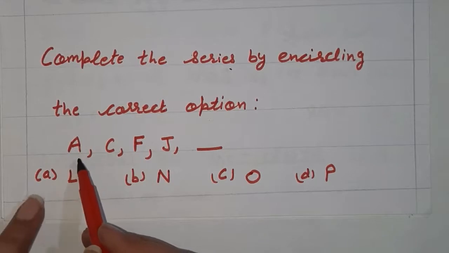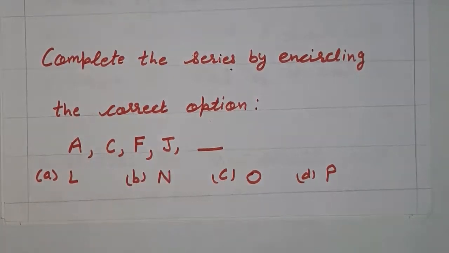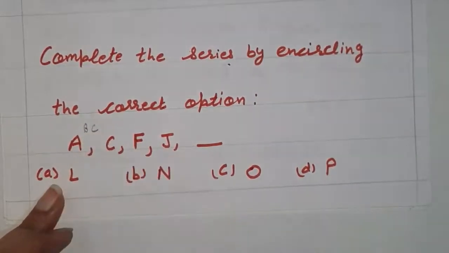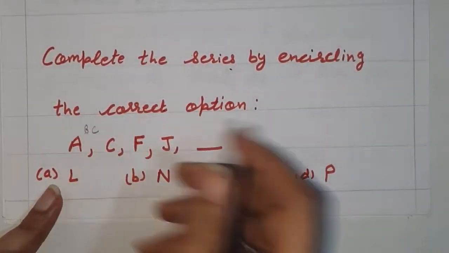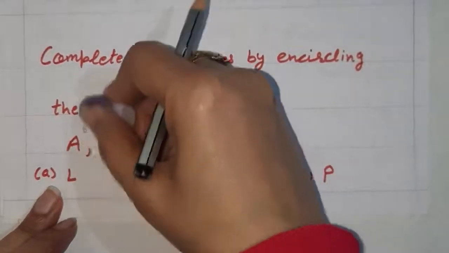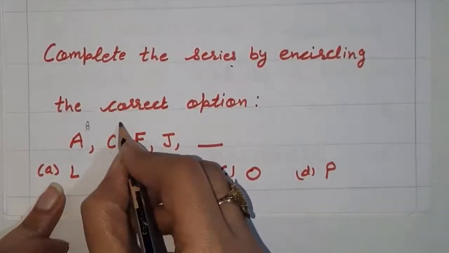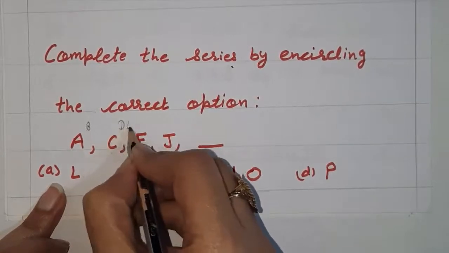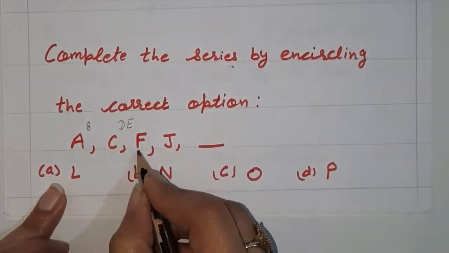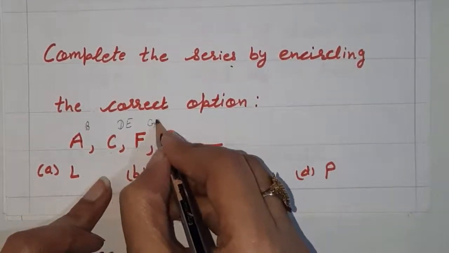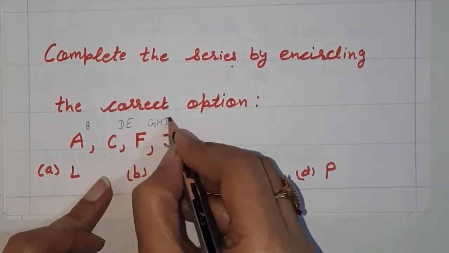Now see A. After A, B and C are left. B is left, not C. C is already given. B is left, C is given. D, E. Now see D, E are left. D, E, F is given. G, H, I are left.